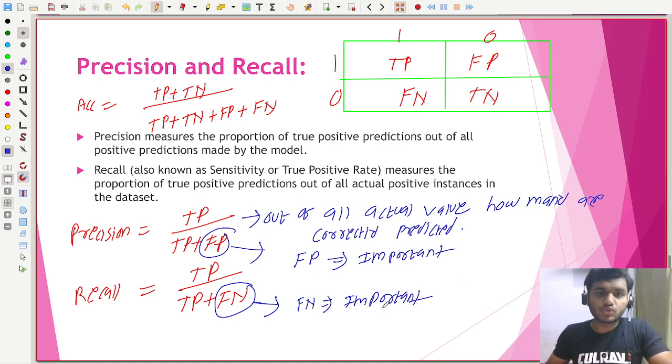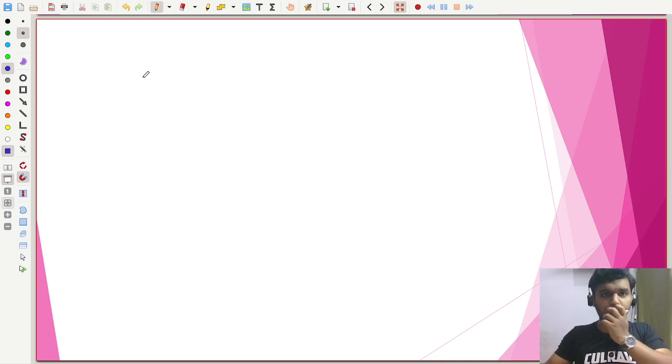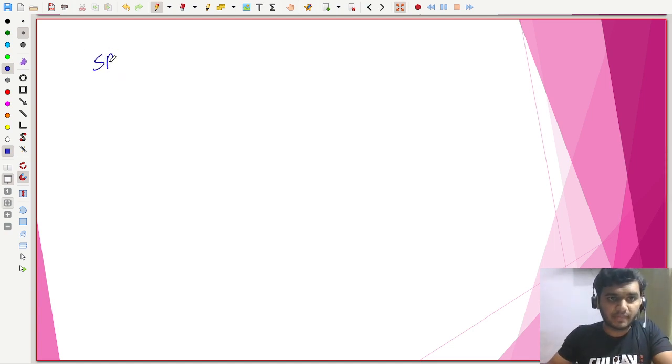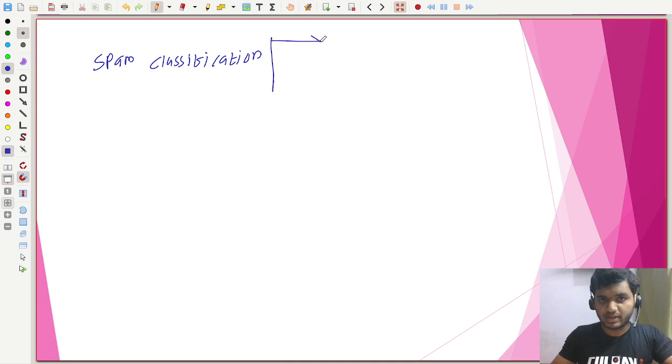Okay, so we'll discuss precision and recall with a wonderful real life example, that is mail spam classification. Here we notice whether the mail is spam or not spam.